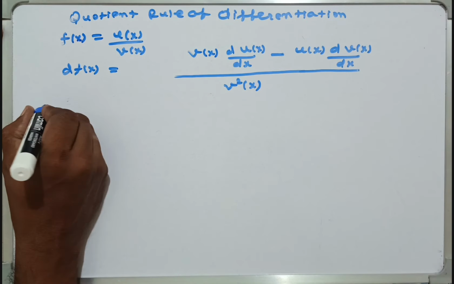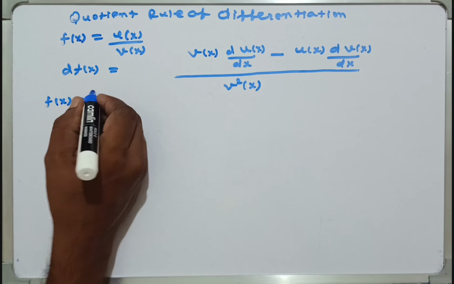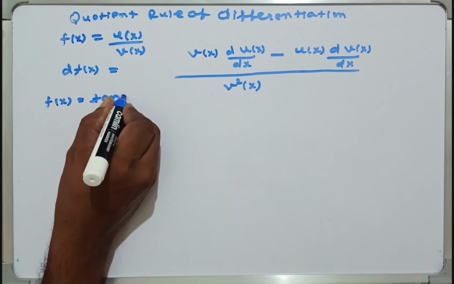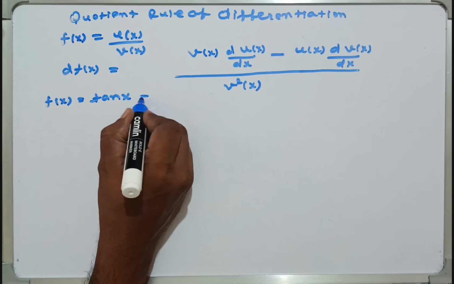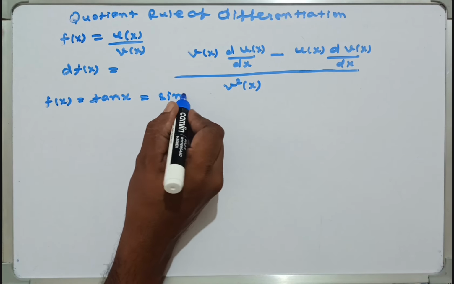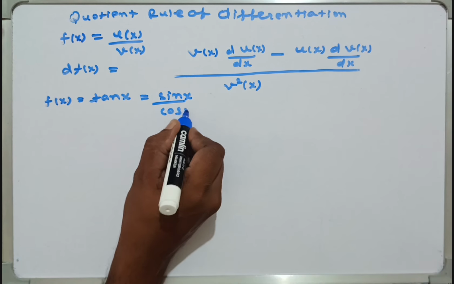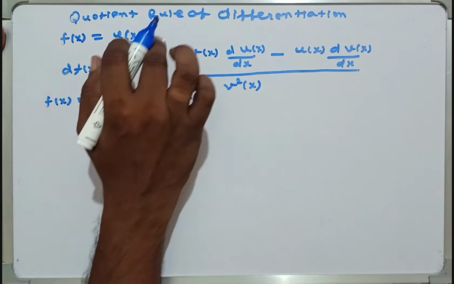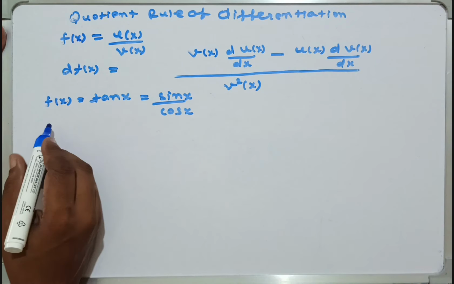Okay, consider a function f(x) equal to tan x. Okay, so we can write it as sin x by cos x. Okay, so now apply this quotient rule for the derivative of this one.